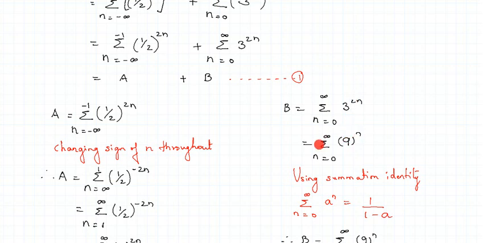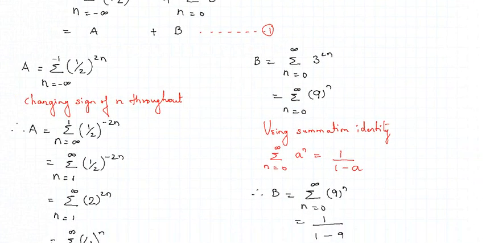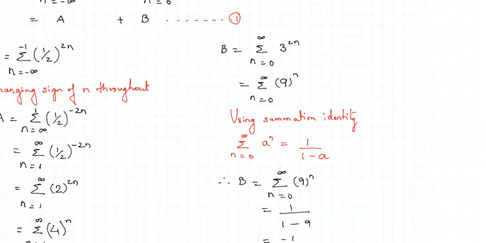Can I apply the identity to this summation? The summation identity, as we just discussed, is the sum from n equal to 0 to infinity of a raised to n is 1 upon 1 minus a. So is it perfectly matching with the identity? Yes. So I can apply this identity and calculate the b part of the equation by replacing this part as 1 upon 1 minus a.